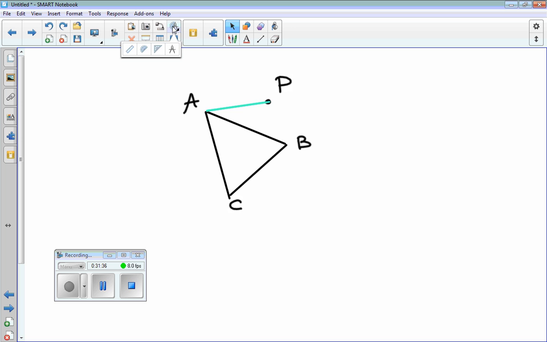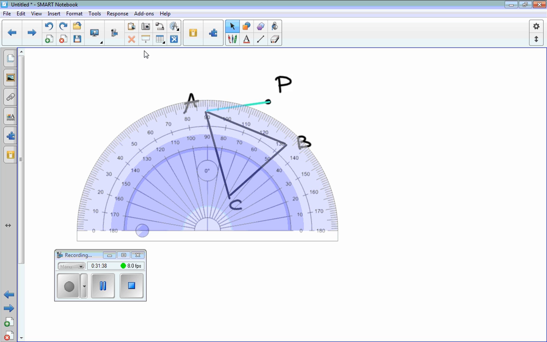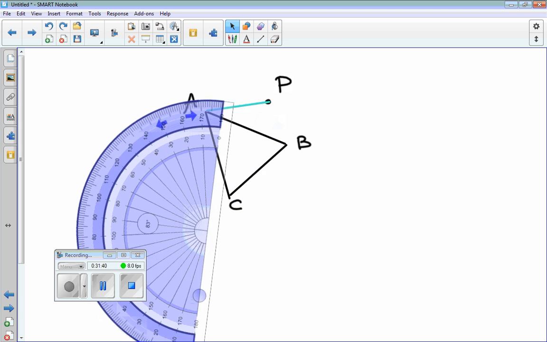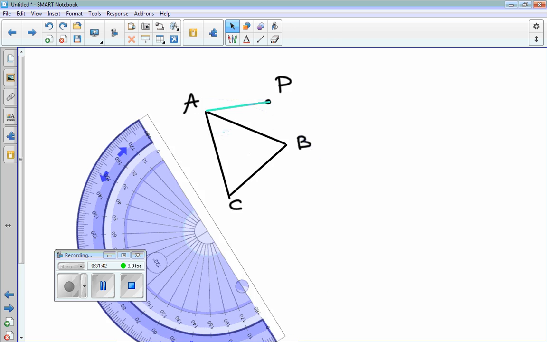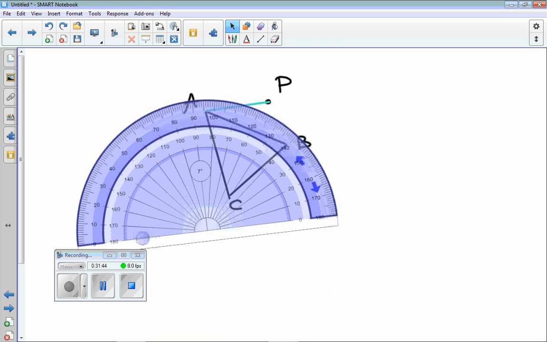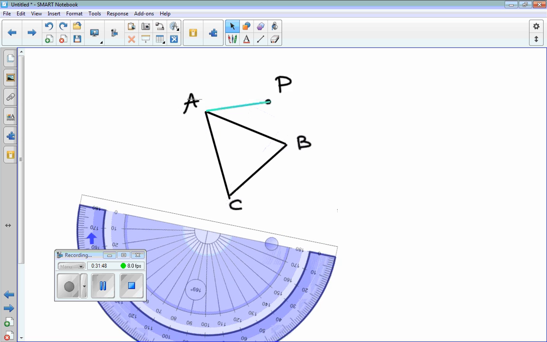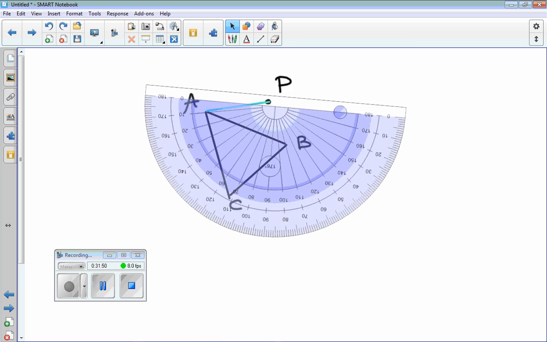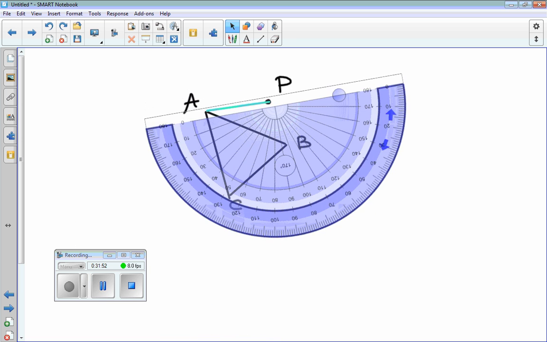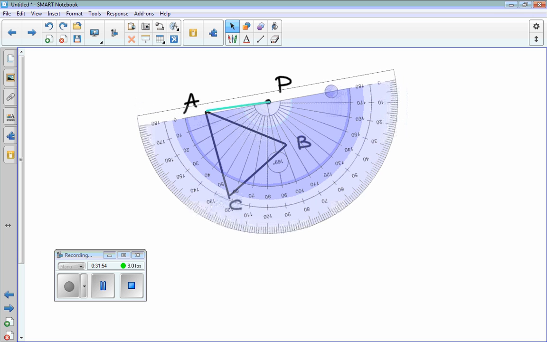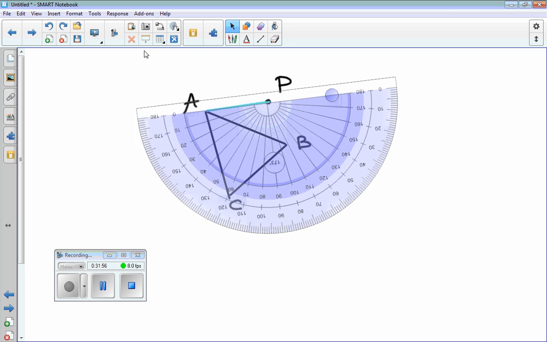So we're going to take our protractor, and we are going to, do I want to line it up this way or this way? We're going counterclockwise. Don't I want to go this way? We're going counterclockwise. So we'll go ahead and line the bad boy up. And we're going to look at 60 degrees. So am I going to use the inside or the outside of my protractor?